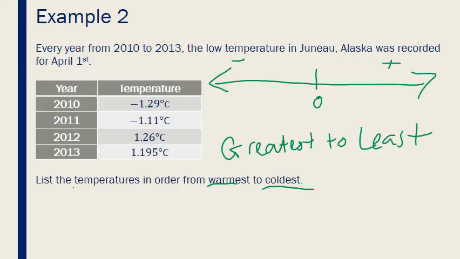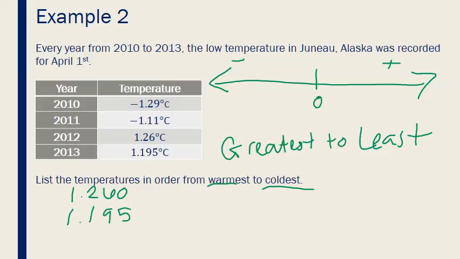I always like to put them on top of each other. Now I see that my 1 and 26 hundredths is missing a place value. To compare, I need to have them both the same place value. So 1 and 260 thousandths and 1 and 195 thousandths.